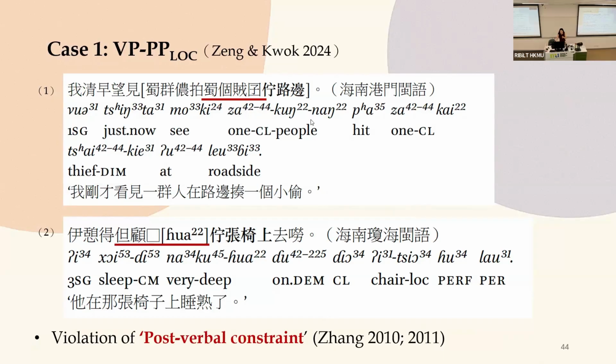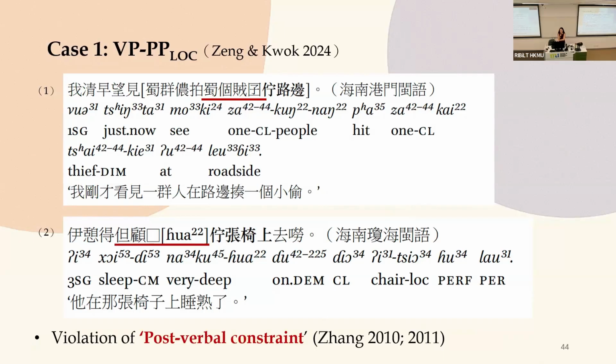And sometimes this locative PP can even appear after a resultative complement introduced by a de. So here, I'm not very familiar with the Qionghai variety. I'm sorry. It says: he sleeps soundly on a chair. Okay, and again, in Chinese, in generally Sinitic languages, if you have a resultative complement introduced by a de, you cannot put anything after it.